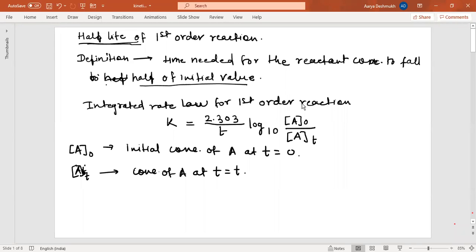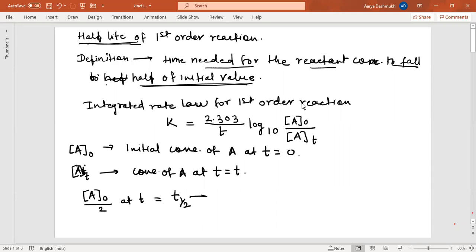Okay. Now looking at the definition, that is the time needed for the reactant concentration to fall to half of its initial value. So looking at this definition, we are more interested in the initial concentration to decide the half-life. So when it becomes half at time t, that will be t half.